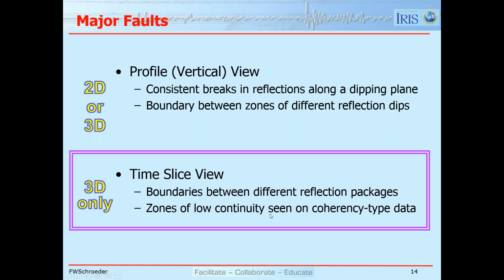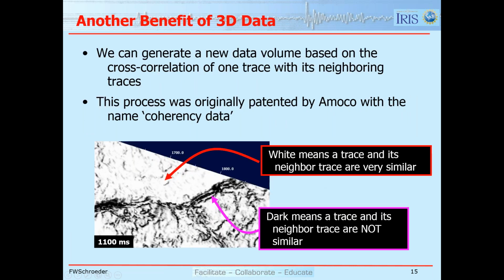And I can also look for zones where there's low continuity from trace to trace, and we can generate a new seismic volume called the coherency, or some people call it semblance, and some people call it various other names. Last Tuesday, I talked about the various names for this cross-correlation volume that we can generate.